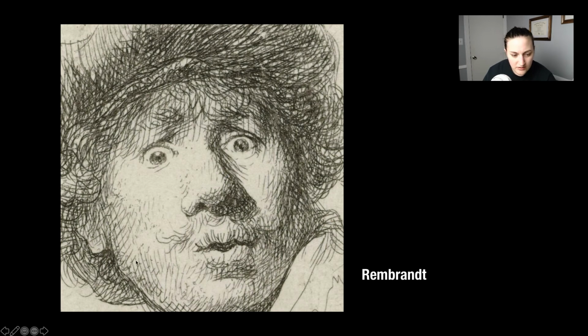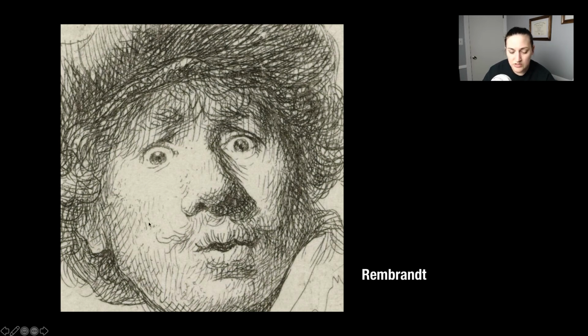So look at here, we have cross hatching here, one direction here, another direction here. We have contour hatching happening on the upper lip here. Some more contour hatching on the nose. Lots of cross hatching in the hat and the hair. But we get looser, as in the marks are farther apart in areas that are lighter.